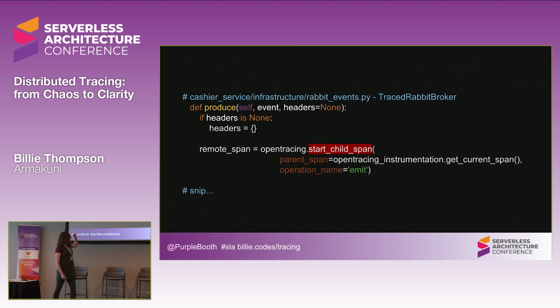There is something that I just want to mention here, which is the operation name, emit. There is a good practice with operation names. Operation names should refer to a specific bit of your code. So emit here is fine because we only have one thing which emits events in this. However, if I emitted multiple events, I might want to scope that down so we could link it back to a single bit of code in our application.